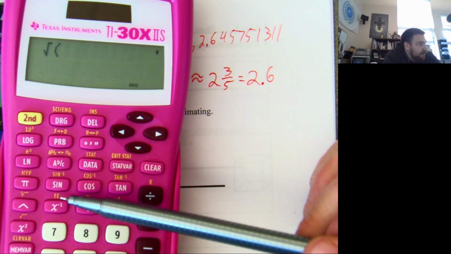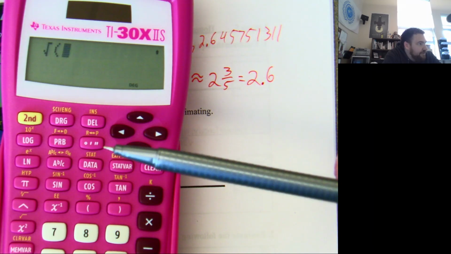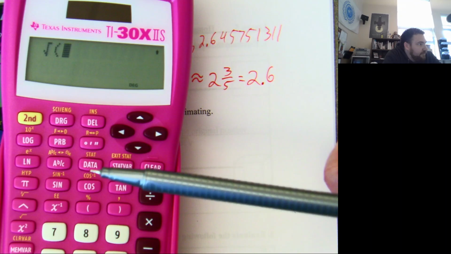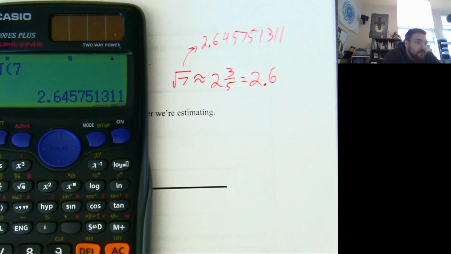There you go. Now put 7 and hit equals. If you take a look at what's going on here, is 2.6 a good estimate? Yeah, it's pretty good. It's 2.64. Let's do another one.